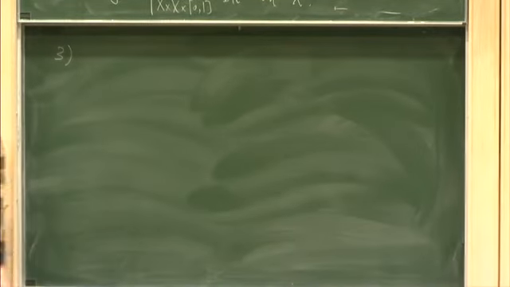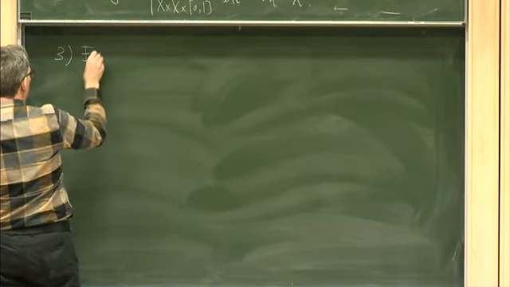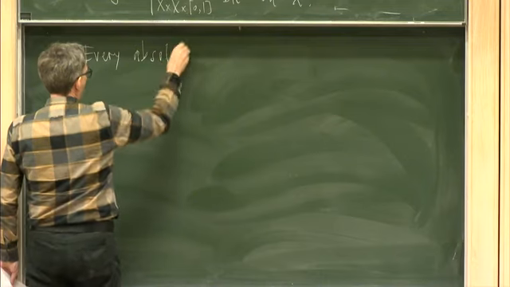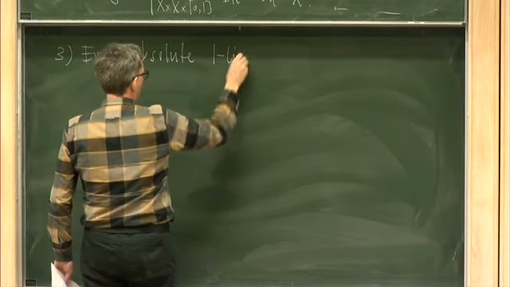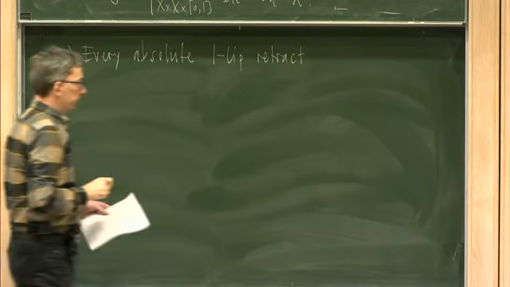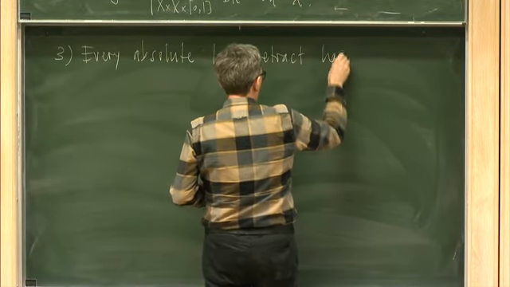So as a consequence of these two, you see that every absolute one Lipschitz retract has a bicombing.